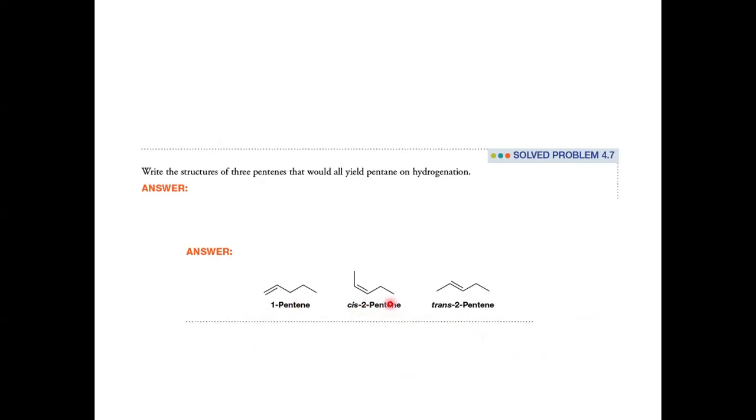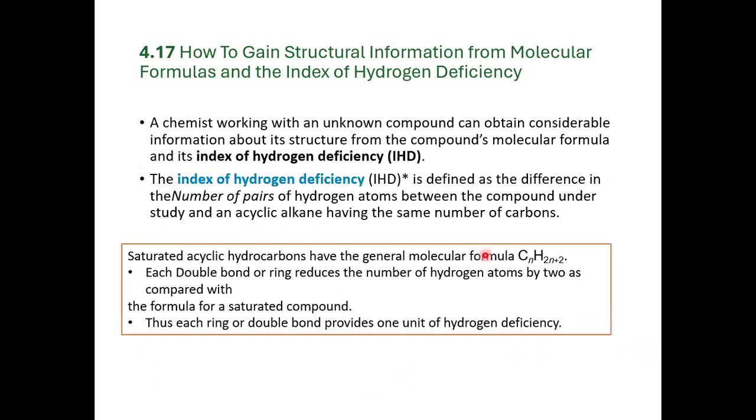So you have 1-pentene, cis-2-pentene, and trans-2-pentene. If you add hydrogen gas in the presence of a metal, platinum, palladium, or nickel, in the presence of a solvent at some pressure, you actually yield your normal pentane.